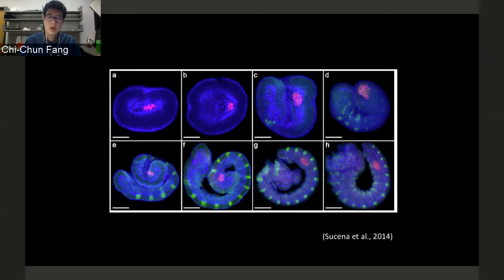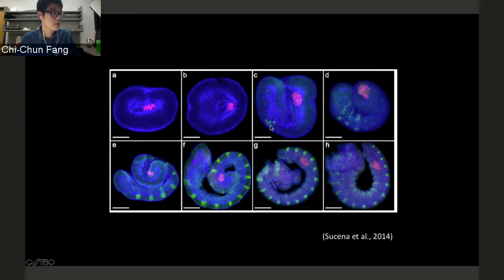There's another wasp that shows a similar development pattern as the ants, which we can call short Germ-Band or intermediate Germ-Band development. So the green signals are the engrailed protein, like the one you just showed. You can see when the embryo grows from A to H, you start to see the signal adding up.